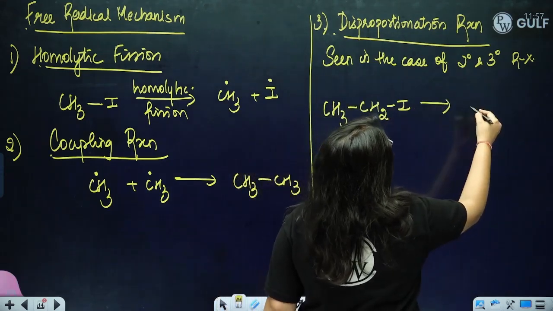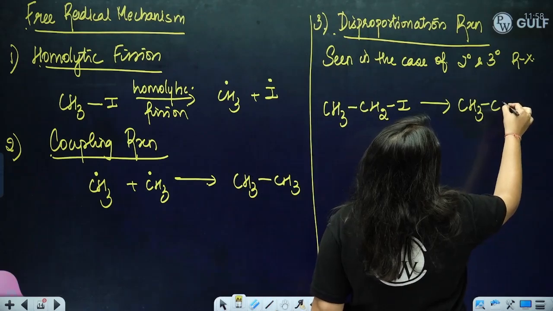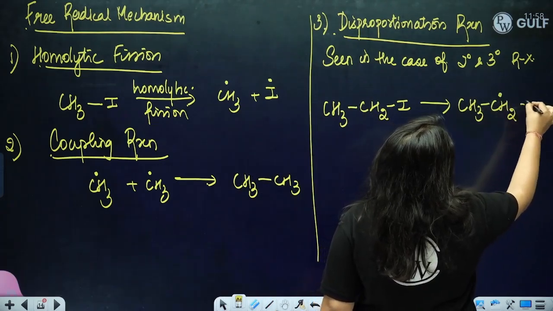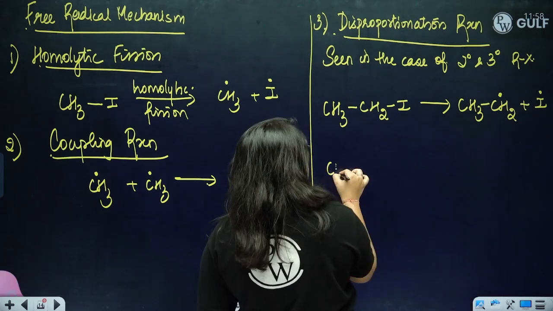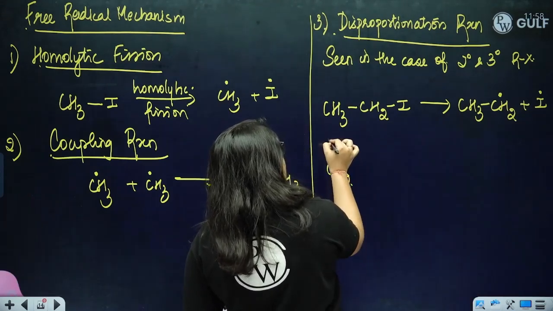This undergoes homolytic fission. You will get CH3CH2 plus I. Now what happens in disproportionation reaction is, please clearly have a look.